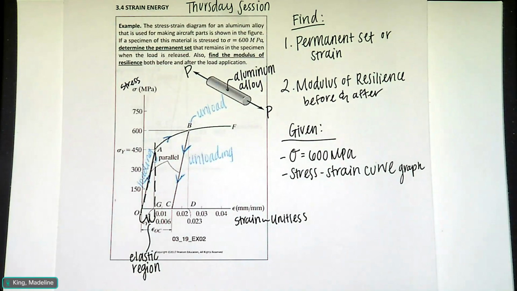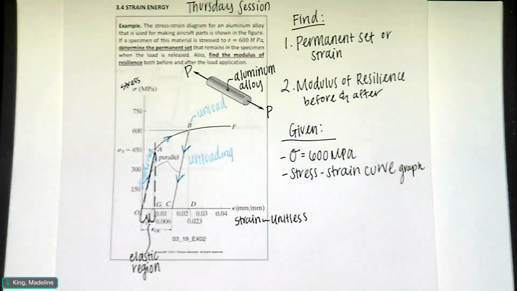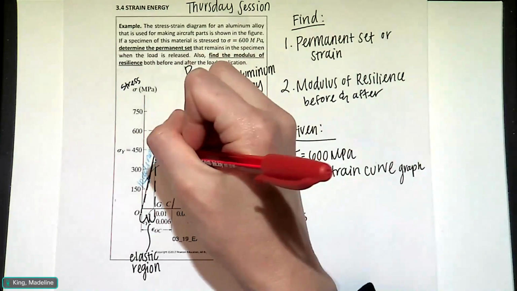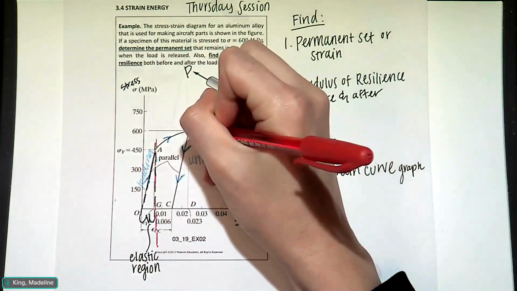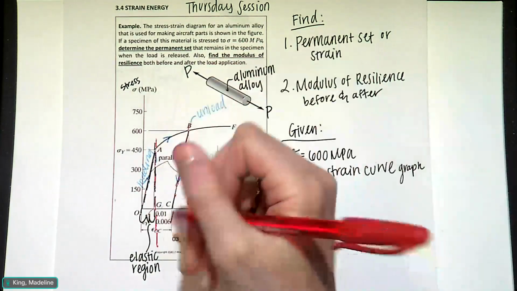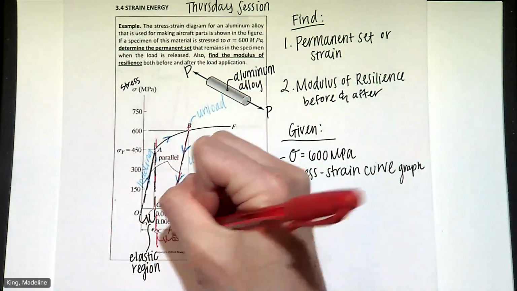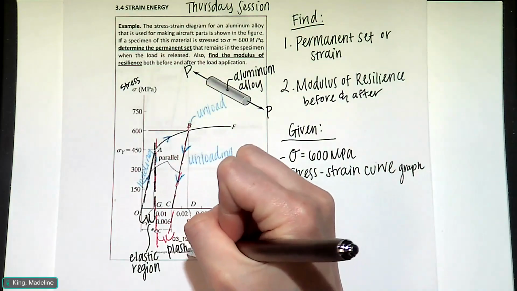So it's not changing at all. And then from point A all the way down to point B, that is our plastic region.